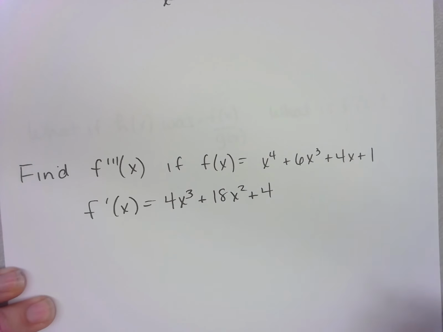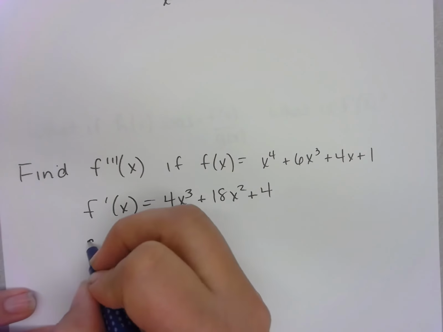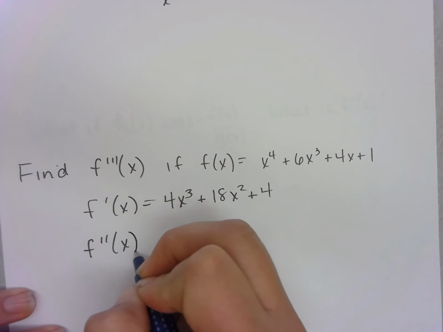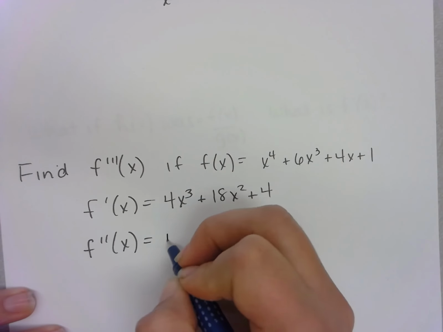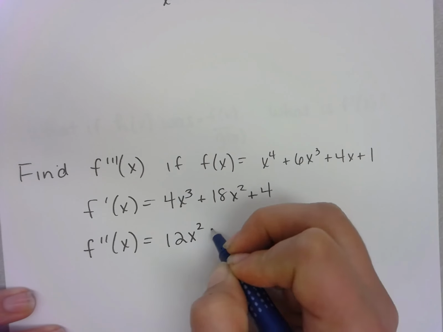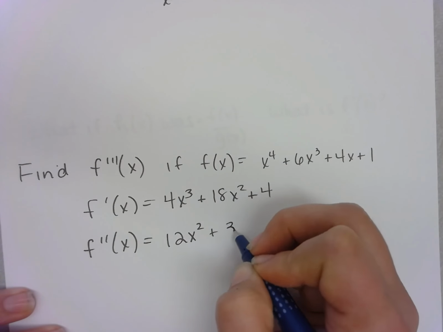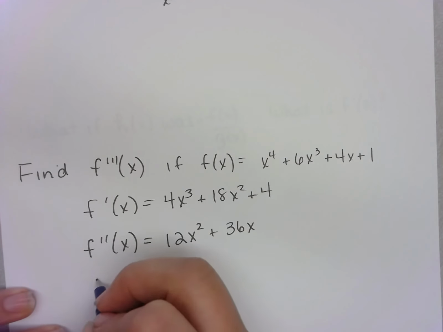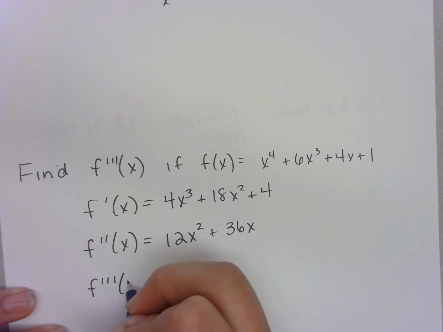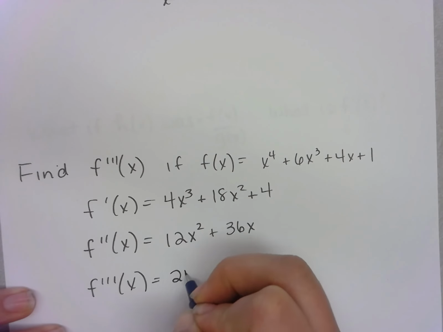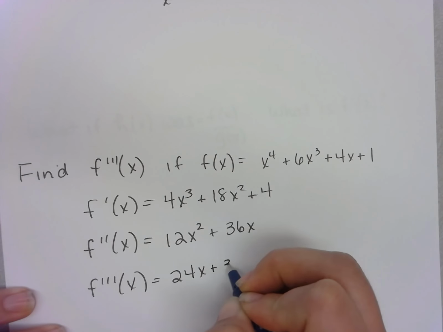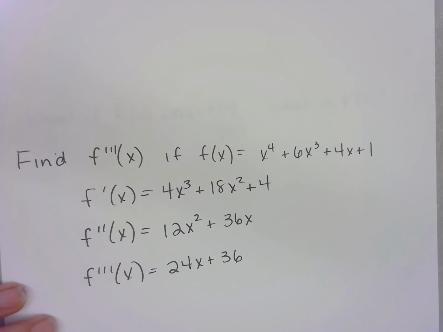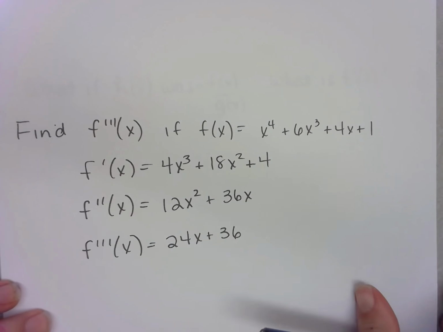The constant drops off. Derivative of a constant is always 0, so f double prime in between is 12x squared plus 18 times 2, which is 36x. This time the 4 drops off. And finally, f triple prime of x is 24x plus 36. So I found f triple prime.